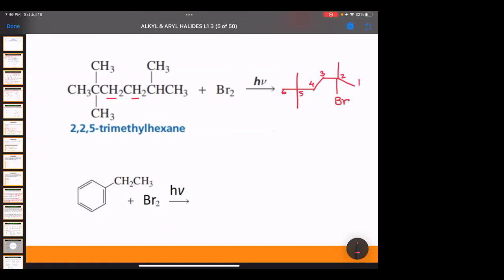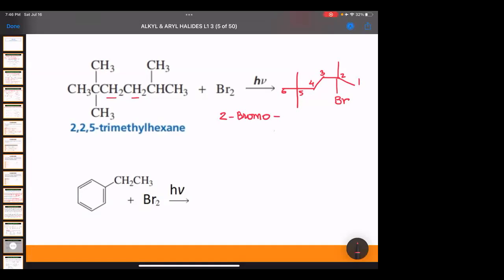Hexane, on second carbon there are two groups, 2-bromo, 2-methyl. Methyl is there on the fifth carbon also, but I started counting from this bromine side because it comes before.